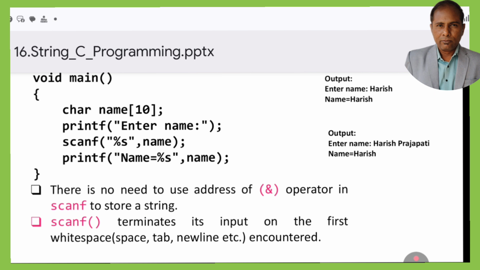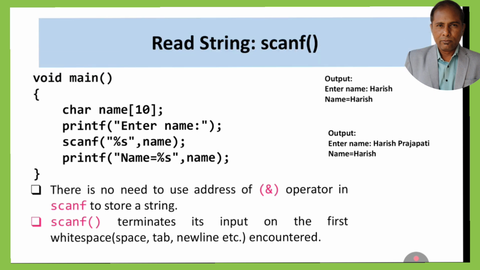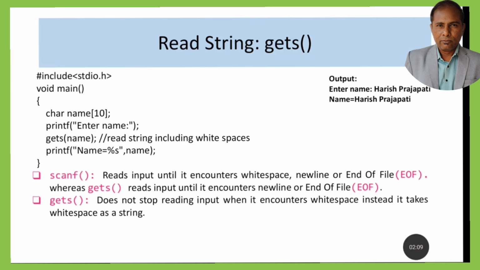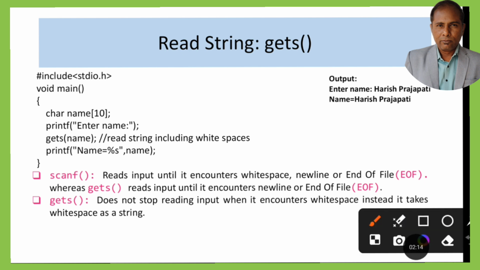So this is what happens when we use scanf for reading the string. We can also read a string with gets. gets is especially made for reading strings, so instead of scanf, we should use gets.